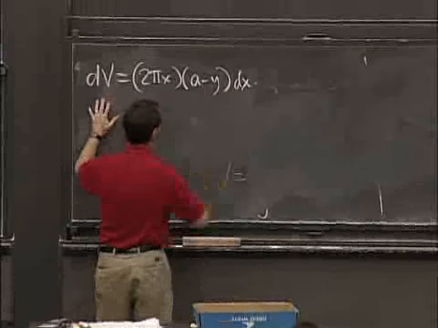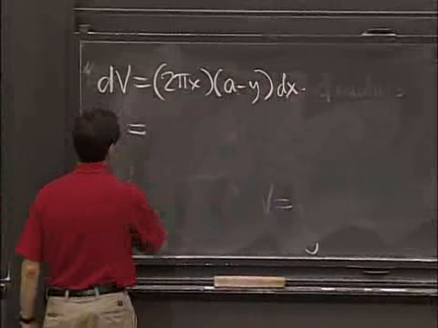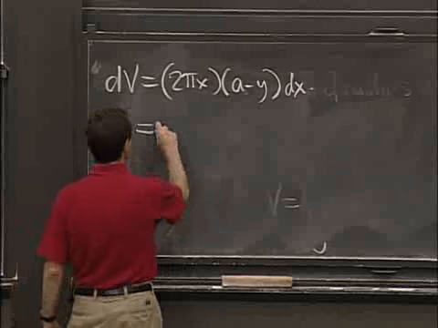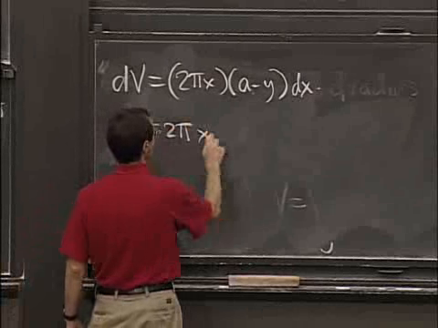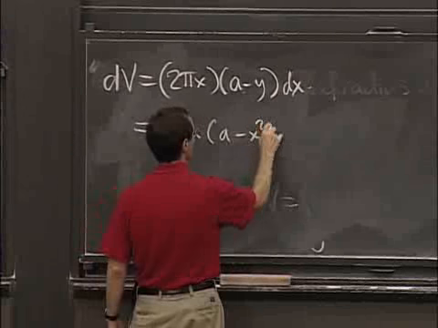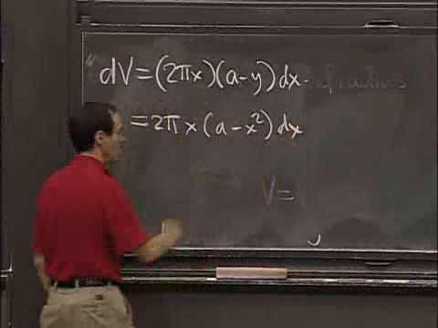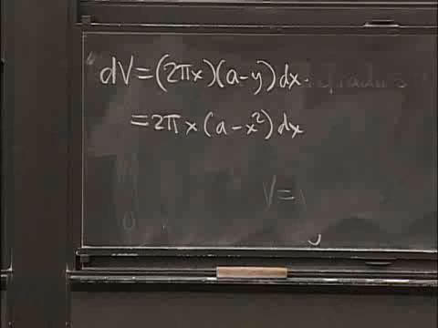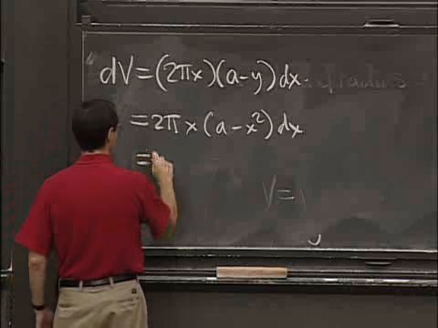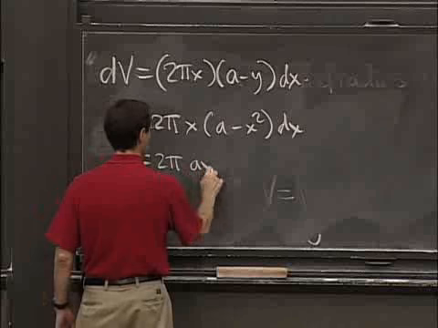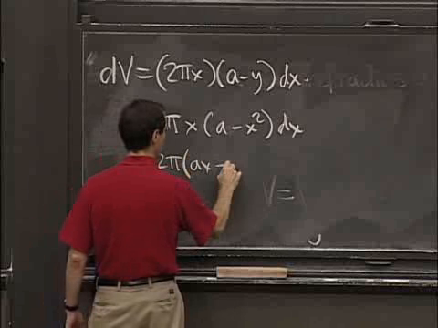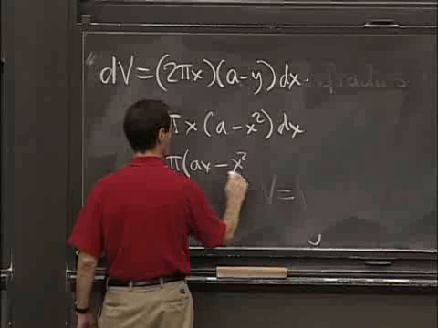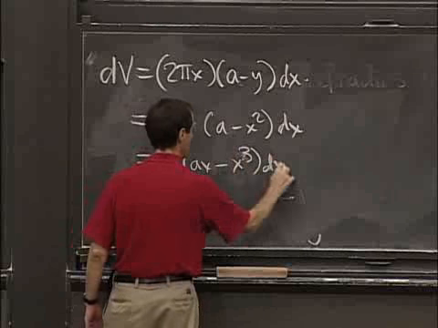All right, so here's the formula, and let's simplify it a little bit. We have 2 pi x times, remember, first I have to substitute, otherwise I'm never going to be able to integrate. And then I rewrite that as 2 pi times ax minus x squared, whoops, x cubed dx.